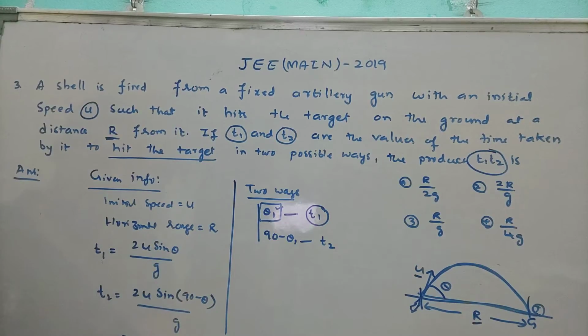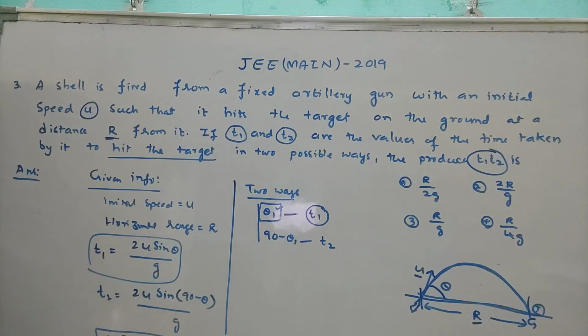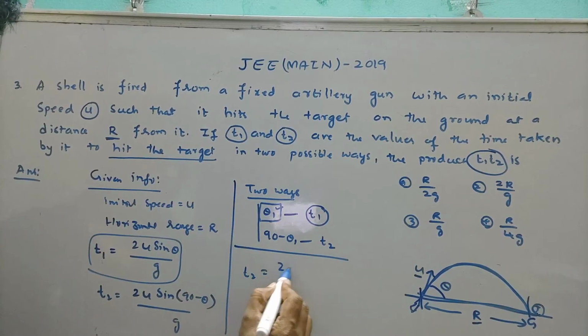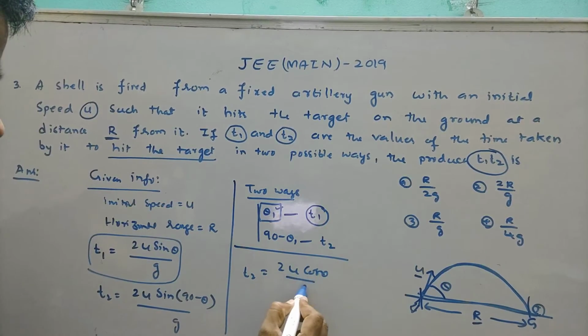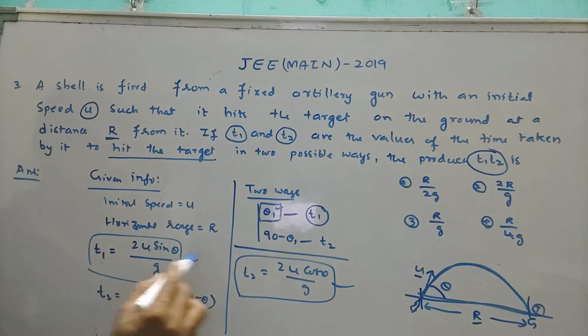So here it is 2u cos theta by g, this is t2, and this is t1. So we have two values, t1 and t2.